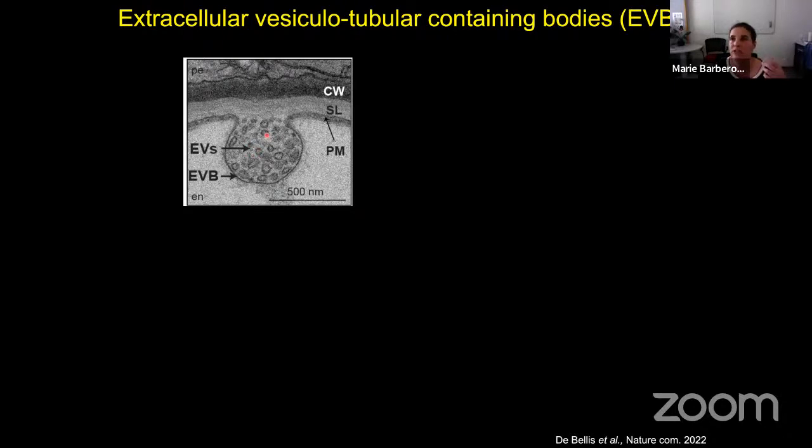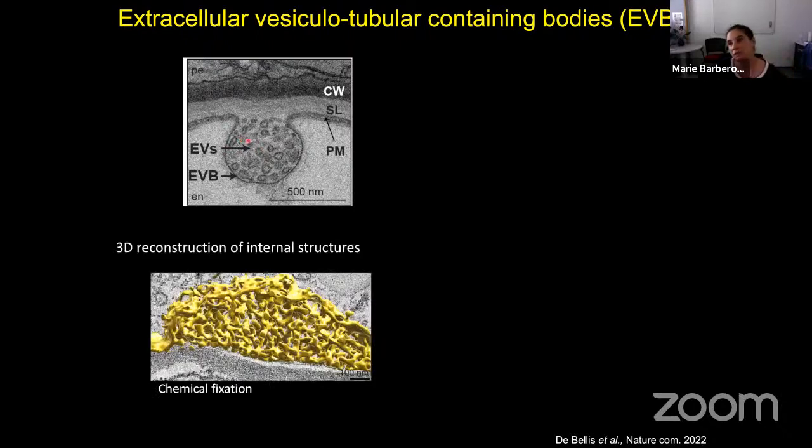Of course, in 2 dimensions, we don't have a full picture of the internal structure. So we did a 3D reconstruction to understand if it was internal extracellular vesicles or maybe tubules. When we did a 3D reconstruction of this internal structure, we could see a highly reticulated network of something that we can call vesiculo-tubules. This is what we could observe with chemical fixation.